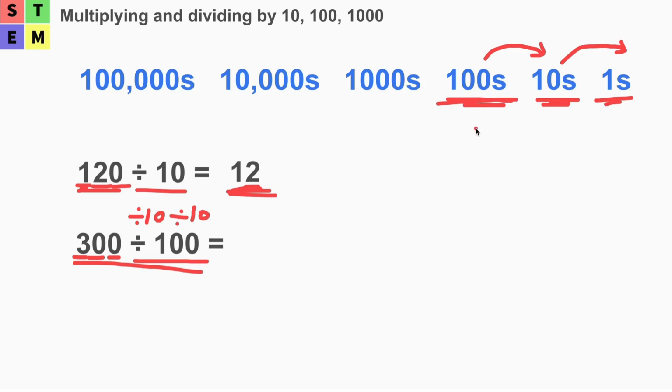Let's start from the 3. The 3 moves 2 places, from here to here, and becomes the 1's place. The 0s move to somewhere here, but because they are all zeros, we can just ignore them.